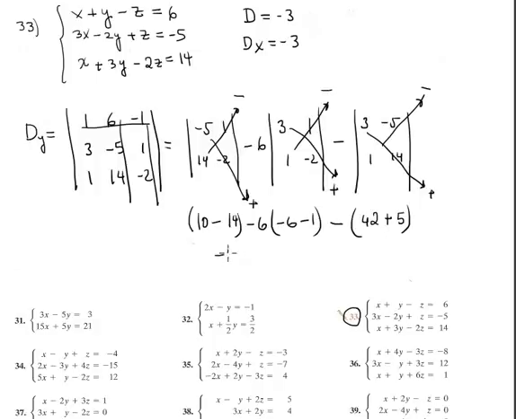This is negative 4. This is negative 7 and negative 6 is 42, positive 42. And this is 47, minus 47. And the answer is negative 9. So dy is equal to negative 9.